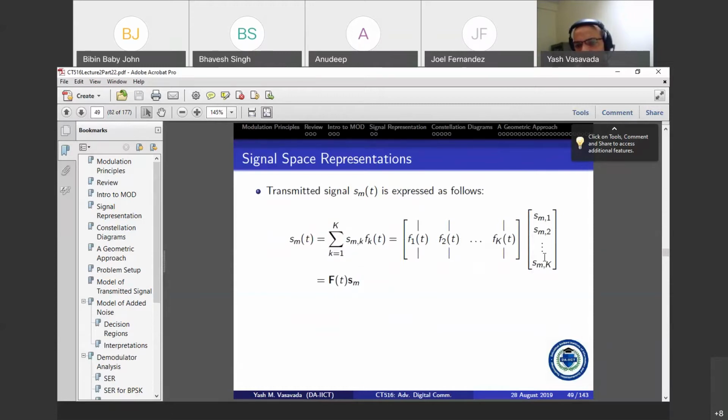particular symbol is completely defined or characterized by its coordinates Sm1, Sm2, up to SmK, where capital K gives the dimensionality of the vector space. There are a total of capital K different basis functions. And the modulated symbol is a linear summation of these basis functions.